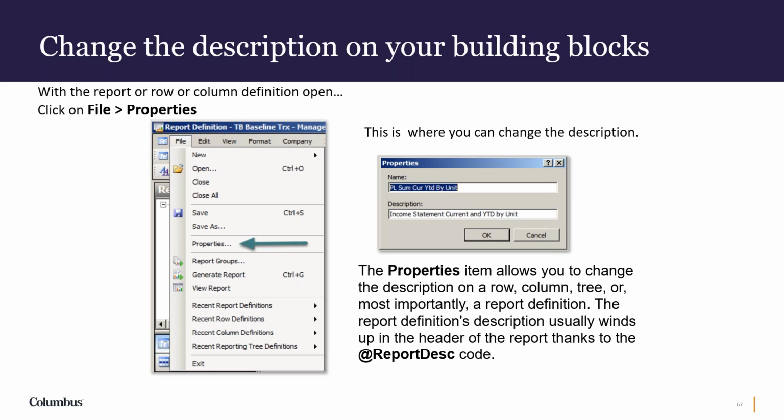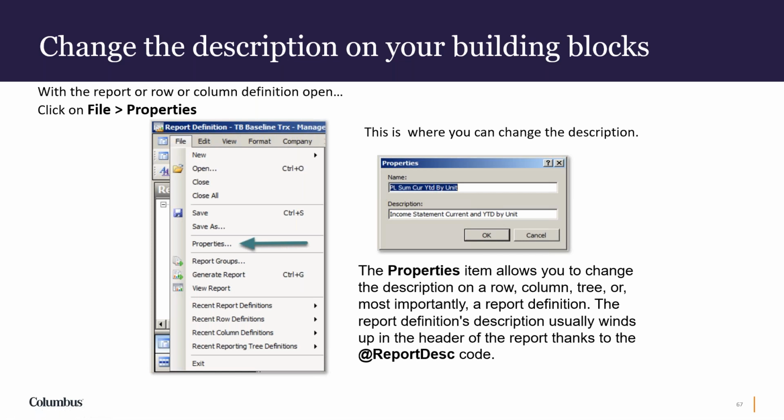Now, if you make that something that is identifiable for this report, you can use an auto text of @report description in your report header. So when you go to your headers and footers, you can say @report description, and you can essentially use the description that you just put on your report definition as a title in your report.